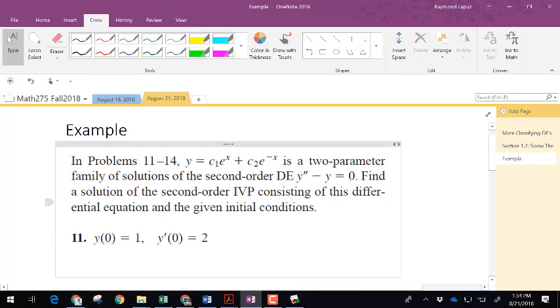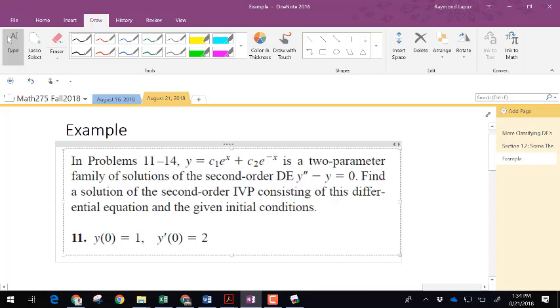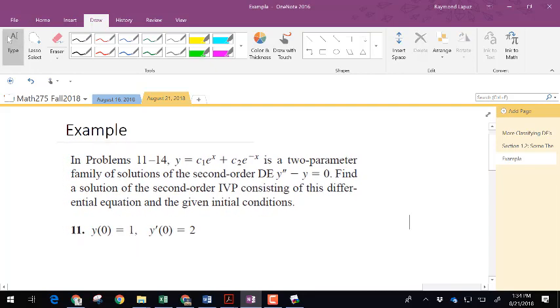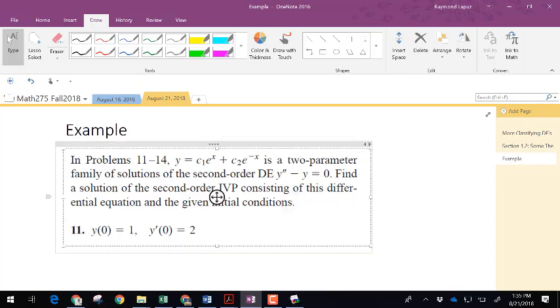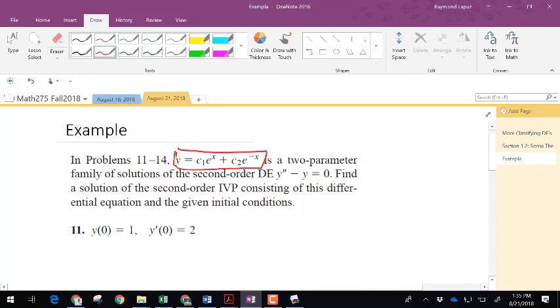And then it looks like we have a 2-parameter family of solutions. We got c1 e to the x plus c2 e to the negative x. So c1 and c2 are 2 arbitrary constants that they would have gotten if they tried to solve for this. And then they want us to find a solution of the second order IVP consisting of this differential equation and the given initial conditions. So this already is a solution. It's a 2-parameter solution, but since we have not solved for the arbitrary constants, this is sometimes called a general solution.